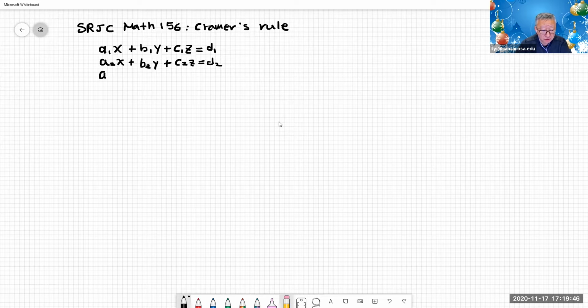So this is just the normal system of linear equations with different coefficients for each term there. Okay, and then the third equation with d3. All right.